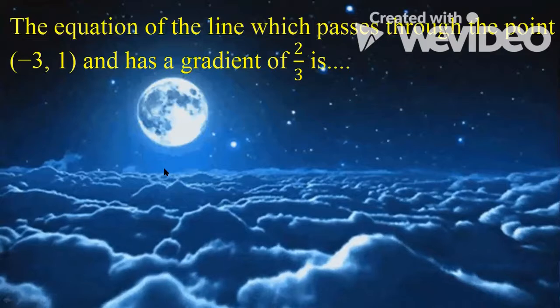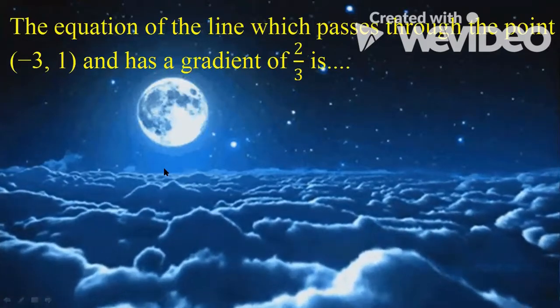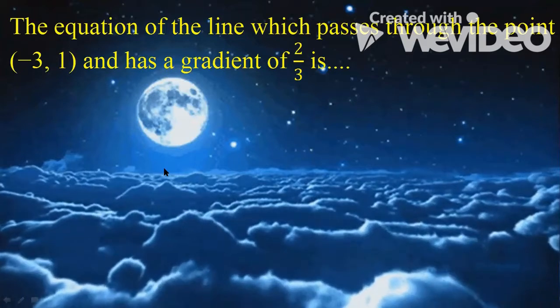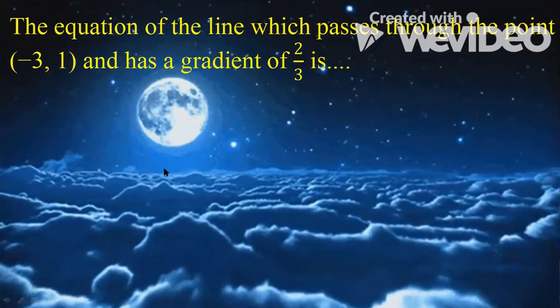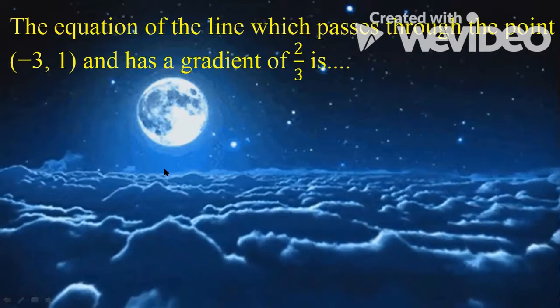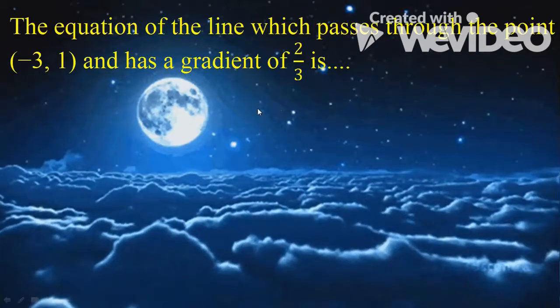Okay, it says the equation of the line which passes through the point -3 and 1 and has a gradient of 2/3 is. So basically, we want to find the equation of this line, and we're given the gradient and also a point. To answer this question, we're going to use the format y equals mx plus c.